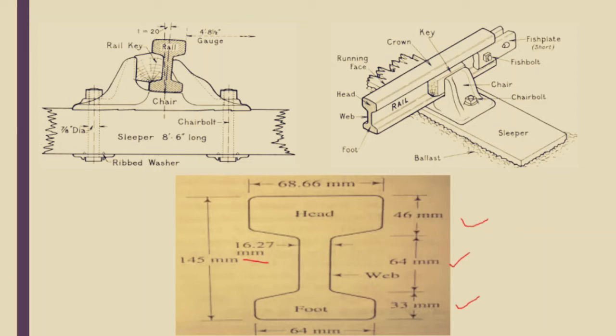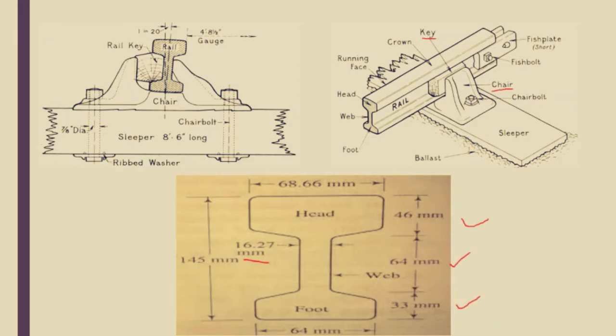The rails are fixed to the sleepers with the help of a chair and key arrangement. So this is a very unique feature of these BH rails. Neither is it used in DH rails nor in flat-footed rails. So this arrangement made these rails a bit complicated.